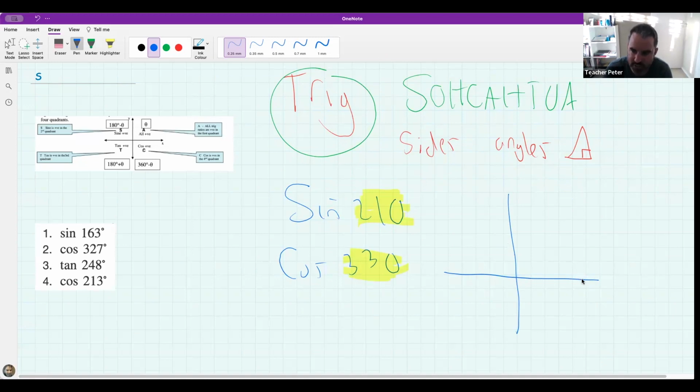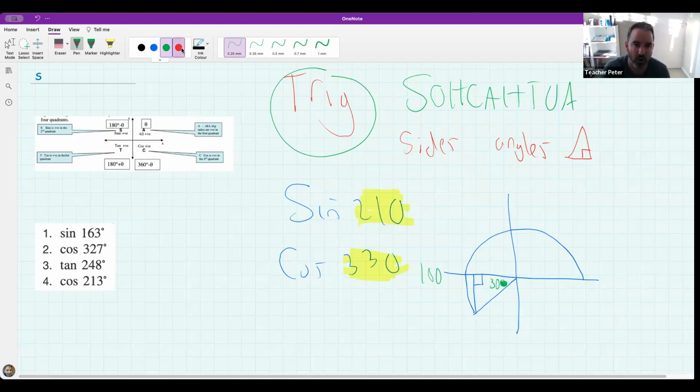And so the 210 would look like that. It gets to 180 and then it goes a little bit further. And then we draw a triangle using that angle of 210. But really the only angle that matters is this little bit over here. And since we know that was 180, this bit over here is 30.